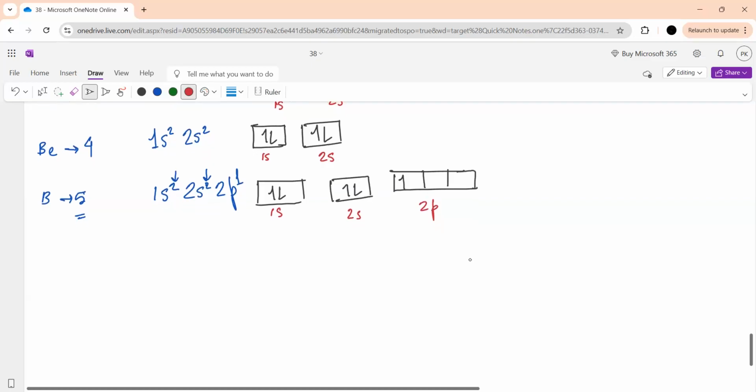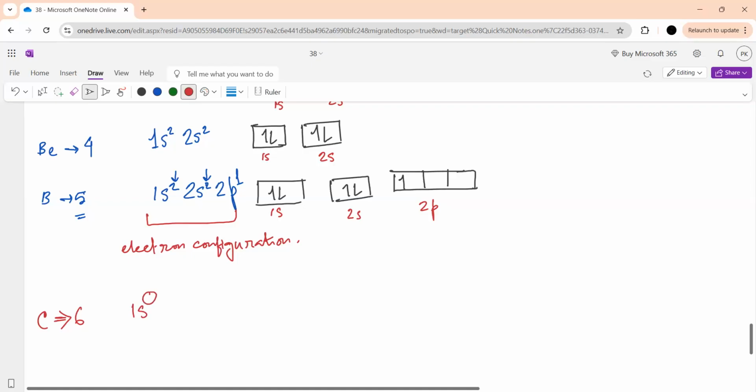Now this is called electron configuration. This 1s2, 2s2, all these types of things, we call electron configuration: how electrons are configured in an atom. Now, if I give you carbon, which is 6, can you tell me the electron configuration of carbon?